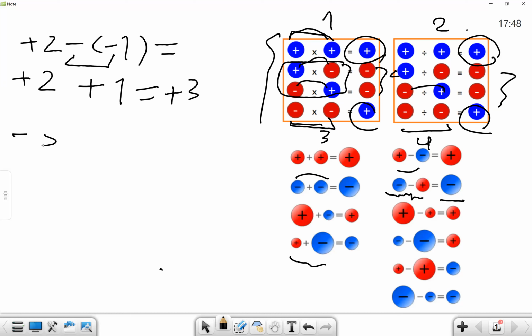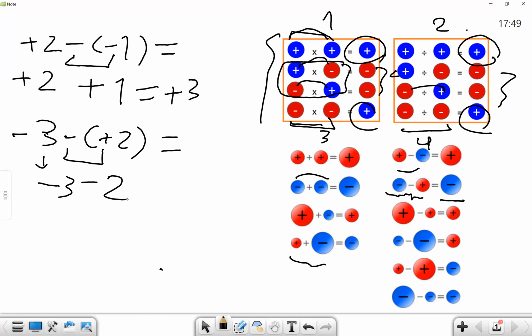Negative 3 minus positive 2 equals what? Negative times positive equals negative. Write down negative 3, minus 2. You see, guys, you have the same sign. Keep the sign, add the numbers. 3 plus 2 is 5. The answer is negative 5.